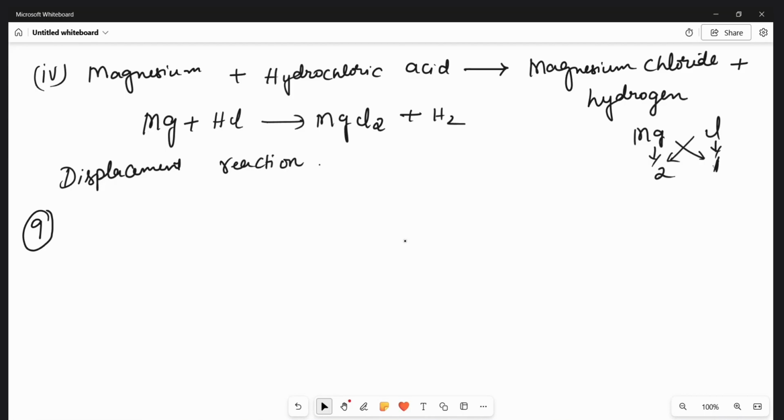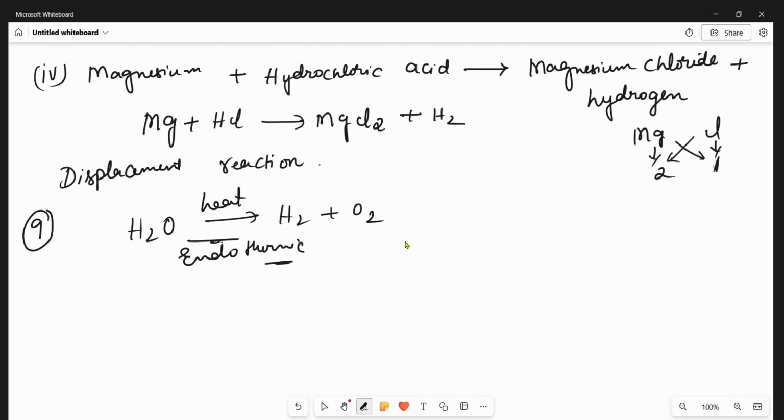For example, water splits into hydrogen and oxygen. Here you have to provide the heat, so it is an endothermic reaction. It absorbs the heat, and because of that it will split. So combustion will be exothermic.